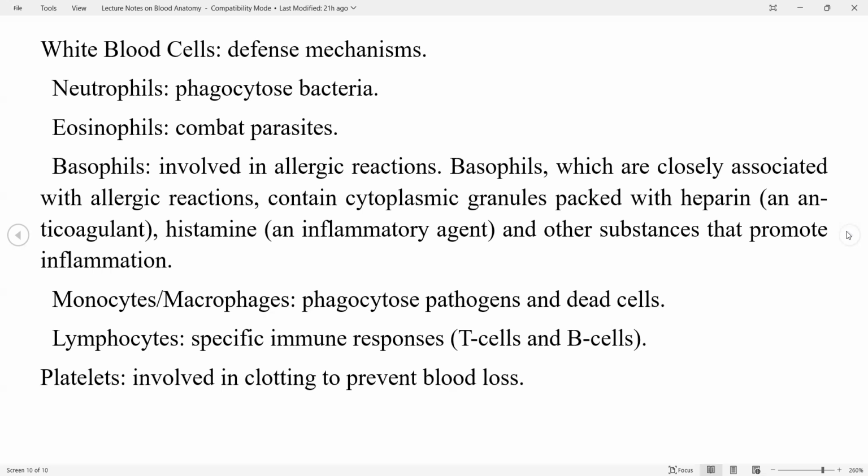Monocytes and macrophages phagocytose dead cells and pathogens, while lymphocytes are responsible for specific immune responses. And we have T cells and B cells as examples of our lymphocytes. Then platelets are involved in preventing blood loss, or in blood clotting.